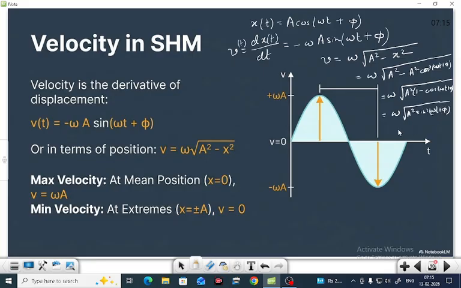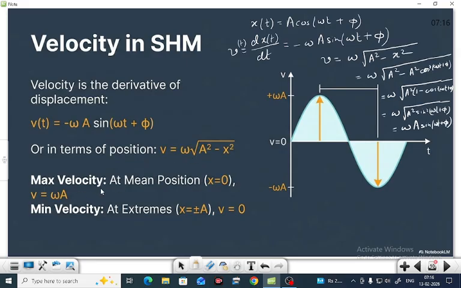So we get omega root over a square sin square(omega t plus phi), which again gives the same value, omega a sin(omega t plus phi). So these are the equations of velocity: minus omega a sin(omega t plus phi), the same value as in terms of position, omega root over a square minus x square.